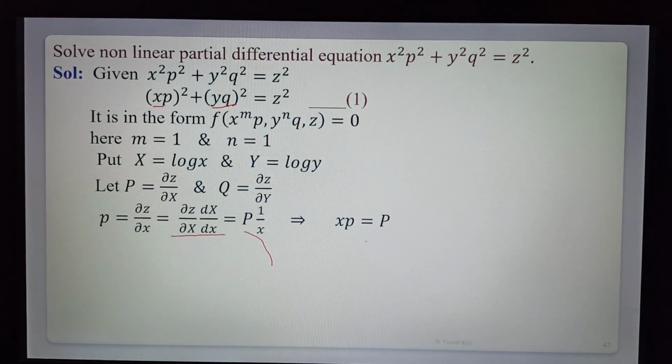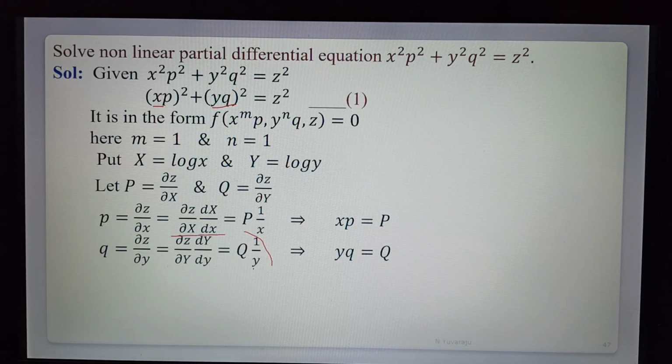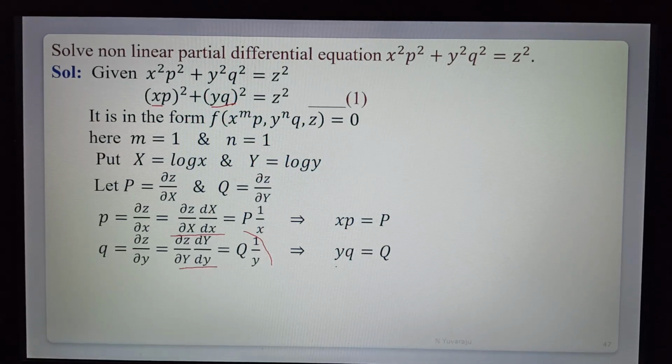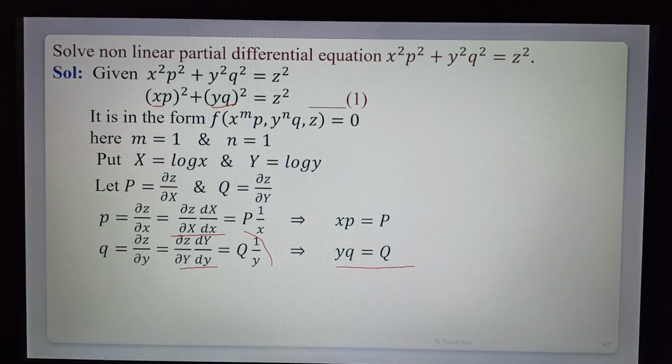So xp is equal to capital P. Similarly q is equal to dou z by dou y is equal to dou z by dou capital Y into dY by dy, that is Q into 1 by y. So yq is equal to capital Q.